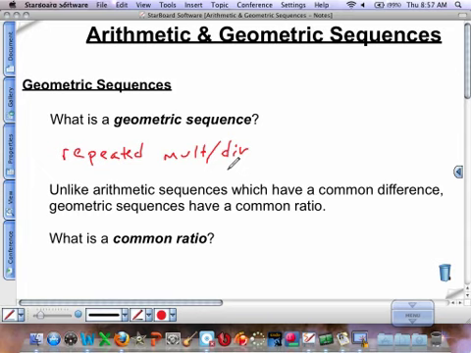And that thing that we're multiplying by or dividing by, that's called the common ratio. So unlike with arithmetic where it was a common difference, this is a common ratio represented by the letter R. So this value that you're multiplying and dividing by, that's the letter R.